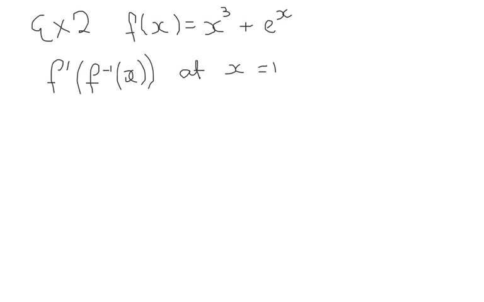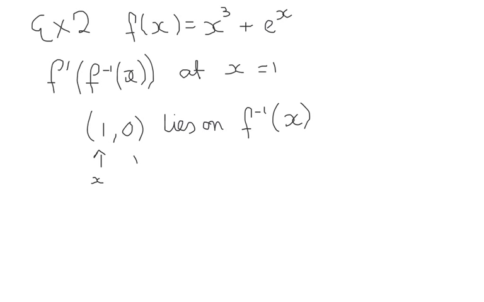And we're also told that the point (1, 0) lies on the inverse of x. So this last piece of information will save us a lot of time and effort, because it means if 1 is the x coordinate, 0 would be your y coordinate.